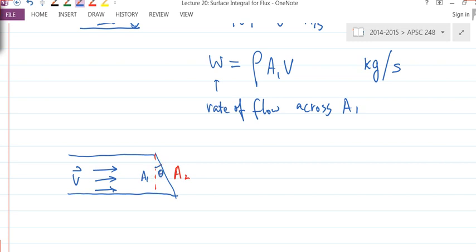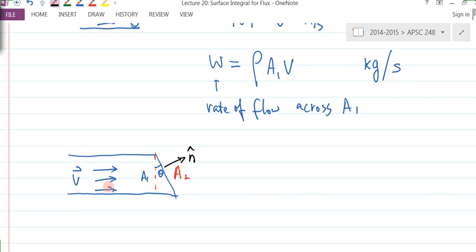Then what is the rate of flow across the cross section A2? Same idea. So let's say I have a normal vector, n hat, that's perpendicular to this surface area A2.